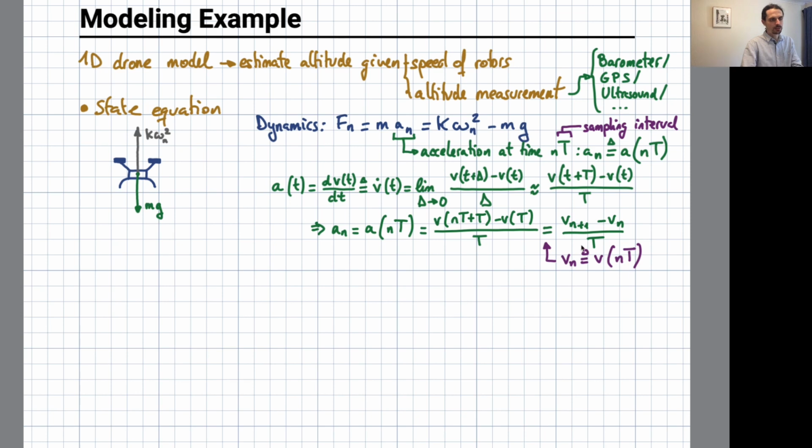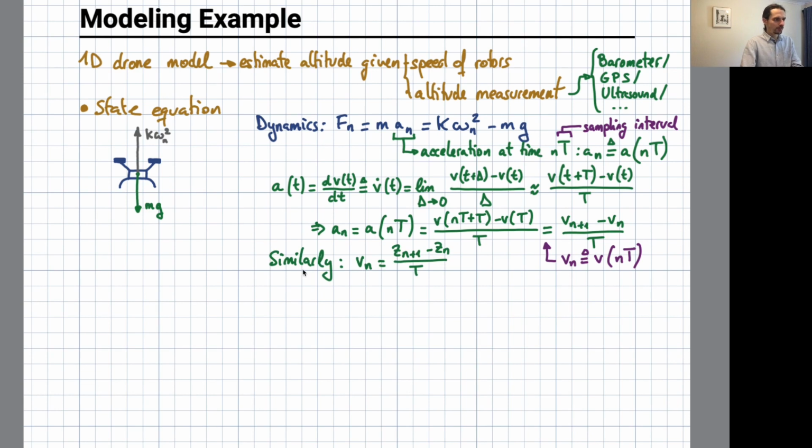Therefore, we can just introduce this notation, and what we have achieved is to express this discrete time signal for the acceleration in terms of the discrete time signals for the velocity. Okay.